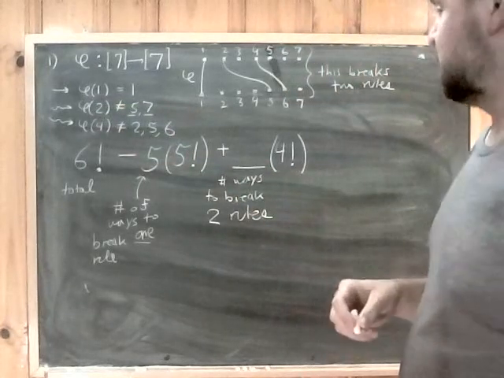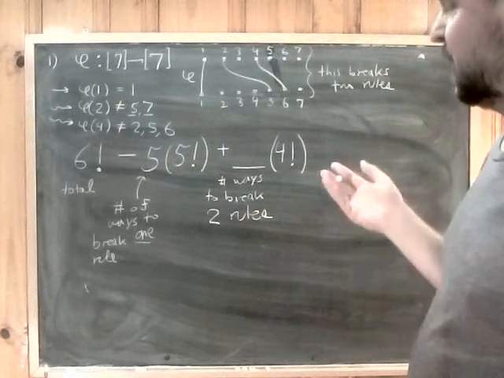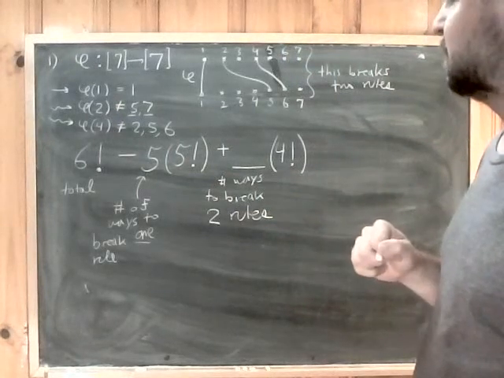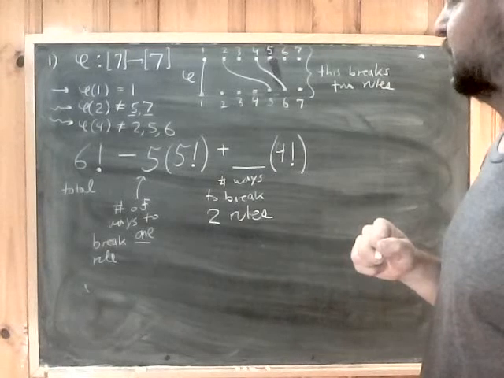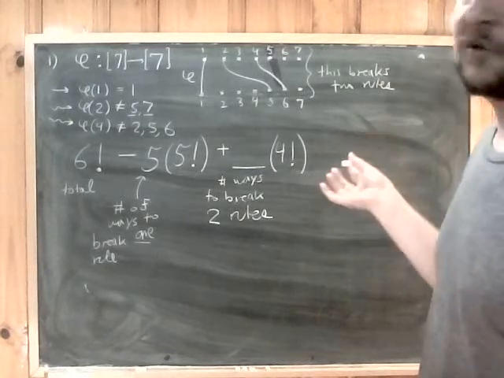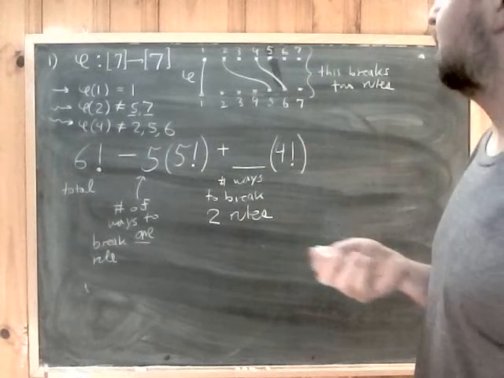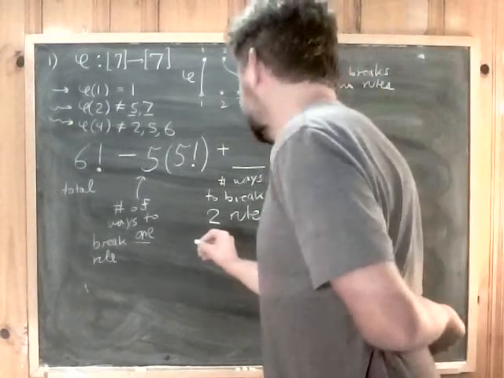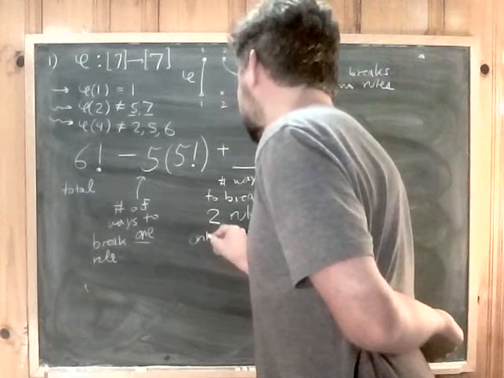So there's only going to be one possible way to break 2 rules involving 2 inputs, and I just need to draw one tree to figure out how many ways there are. I'll put that in words.